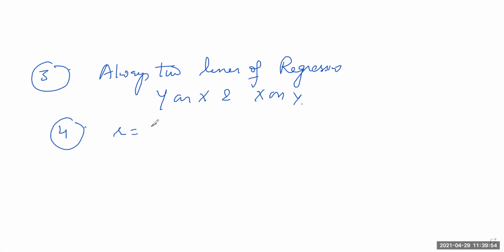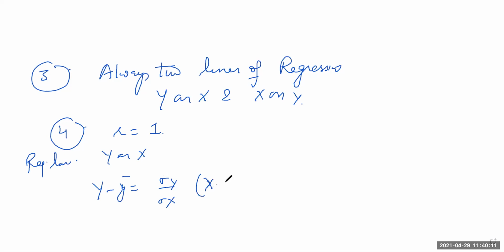Number 4. When r is equal to 1, then the regression line y on x, what will be the value? y minus y bar is equal to, put the value of r equal to 1, sigma y upon sigma x into x minus x bar. So I will take both cases, plus minus.